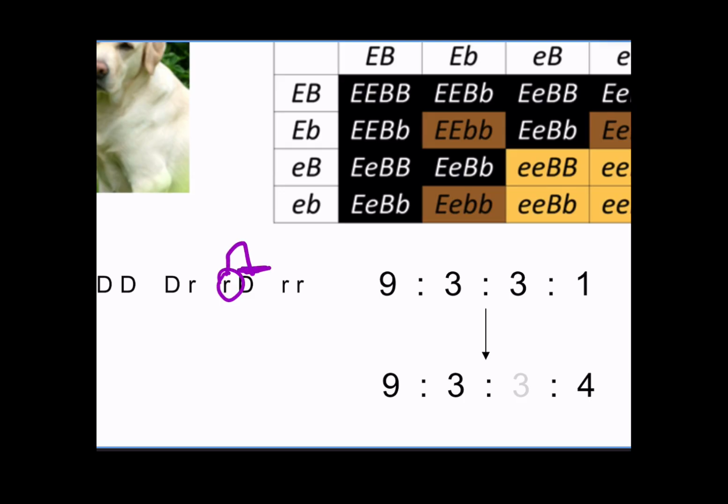It's blocking it. It's covering it for us. And now these 2 collapse into 1. The presence of that recessive does not allow us to see the other dominant trait, as we would have expected from loci that do not interact with one another.